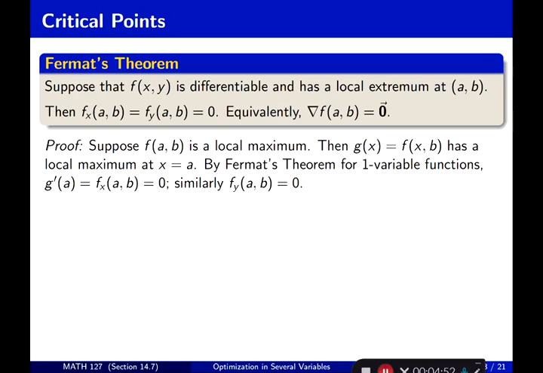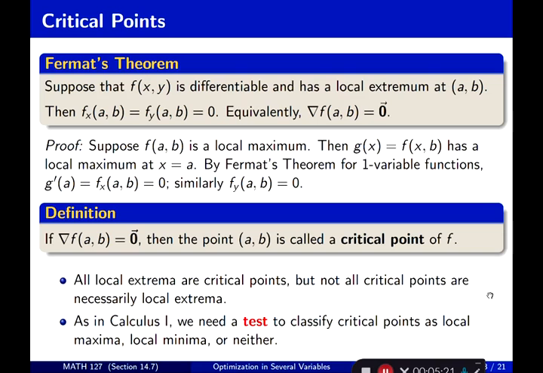So instead of going through the surface, you go through one curve in the x direction and one curve in the y direction, and you realize each one of those curves has to satisfy Fermat's theorem, and that's why the gradient has to be 0, because we're looking at those two directions.